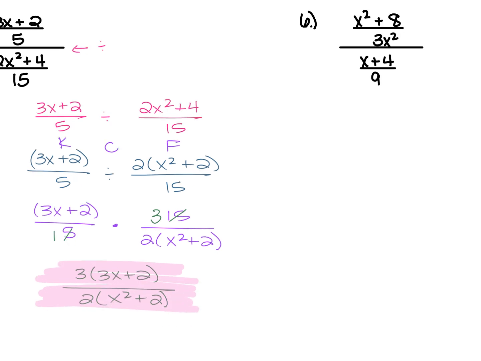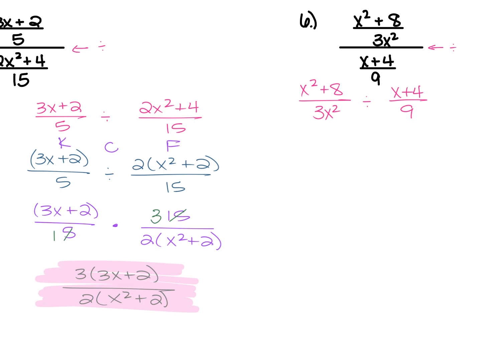For number 6, you have (x² + 8)/(3x²) all over (x + 4)/9. Again, that long fraction bar means divide, so you can rewrite this as (x² + 8)/(3x²) divided by (x + 4)/9. Here, you cannot factor anything.